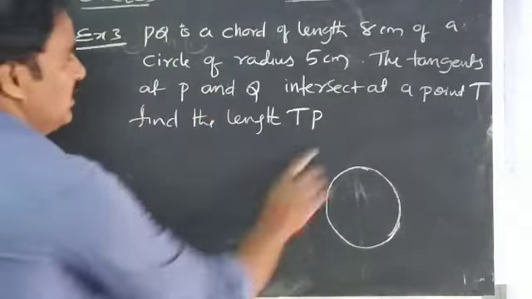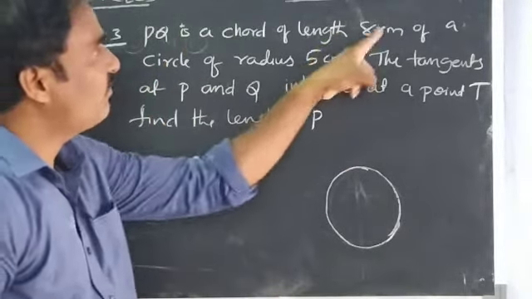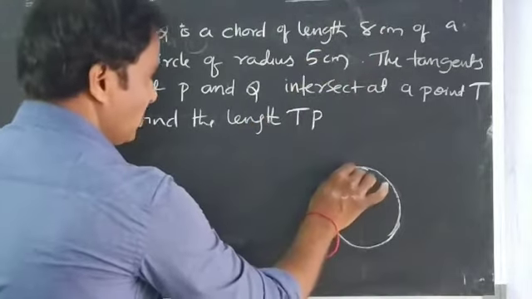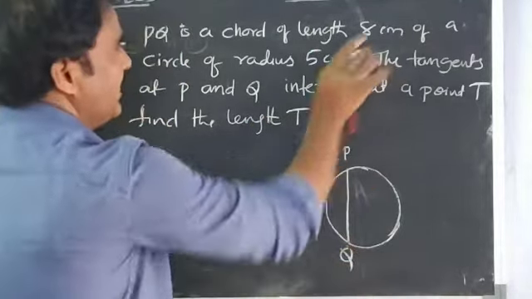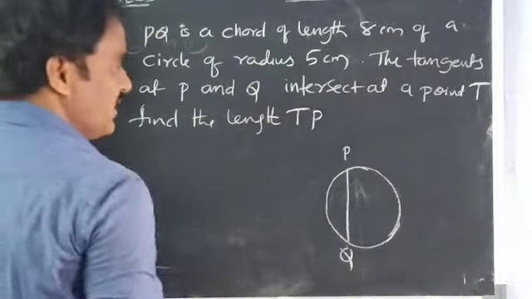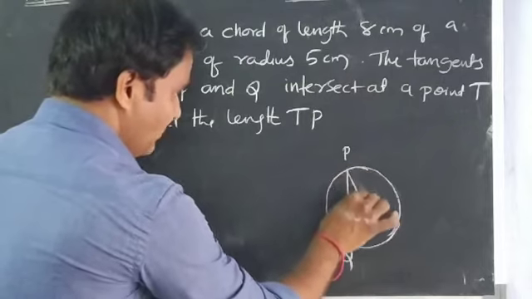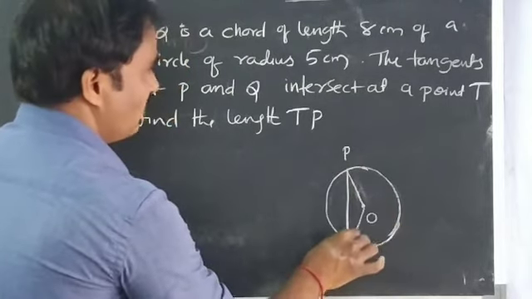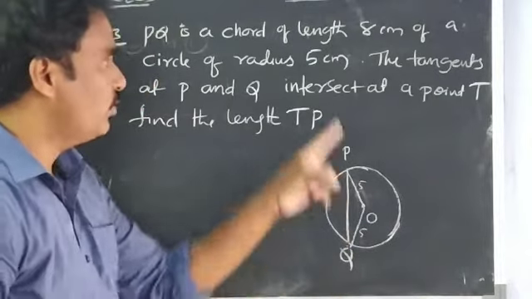Okay, this is the circle. Now here PQ is a chord of length 8 centimeters of a circle of radius 5 centimeters. Suppose I am taking the center as O. OP is 5 centimeters. OQ is also 5 centimeters. And length of PQ is 8.